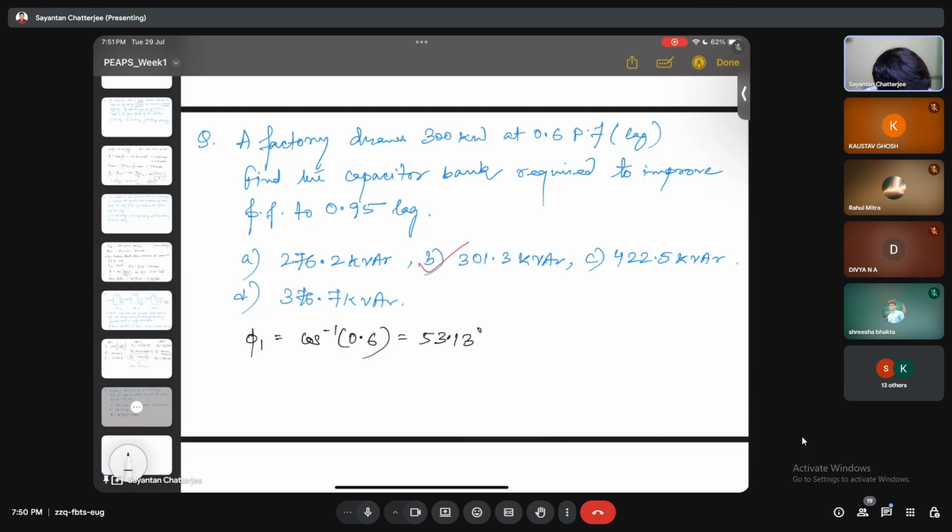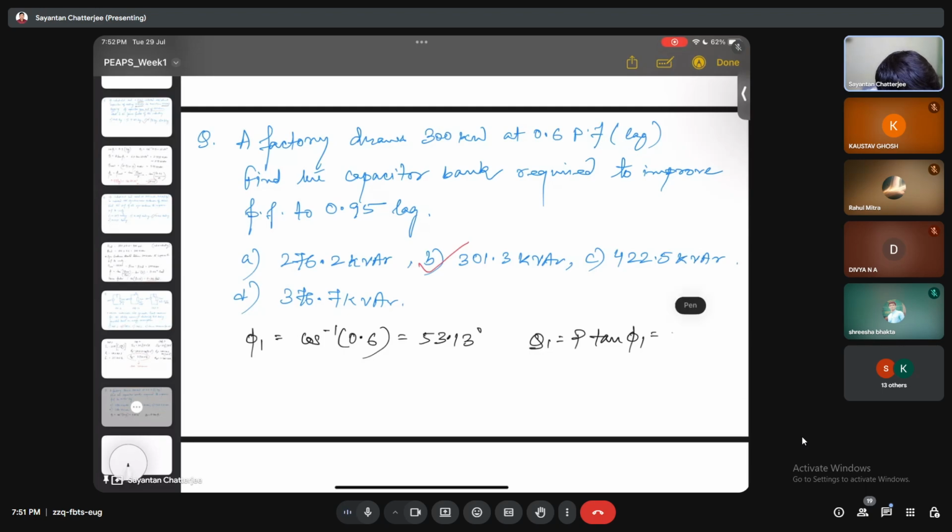So Q1, which was initially being delivered, is P tan phi 1. So P tan phi 1 is 300 into tan phi 1, 1.33.